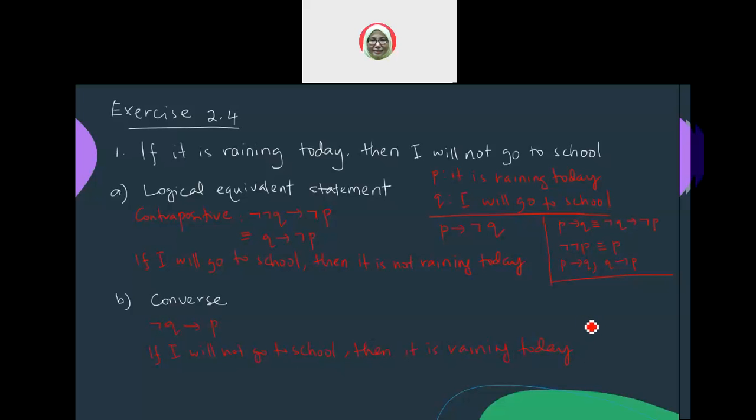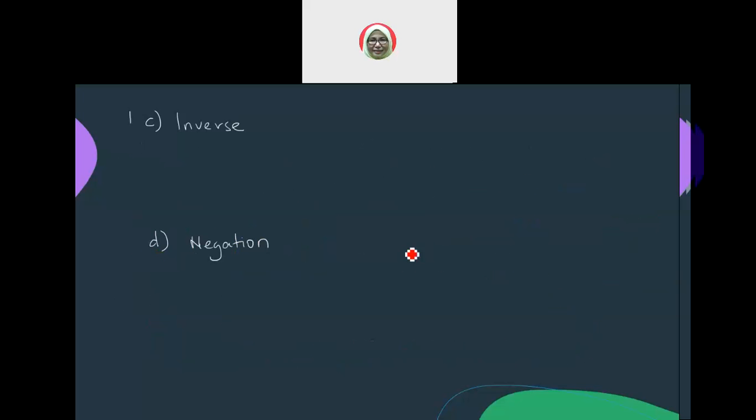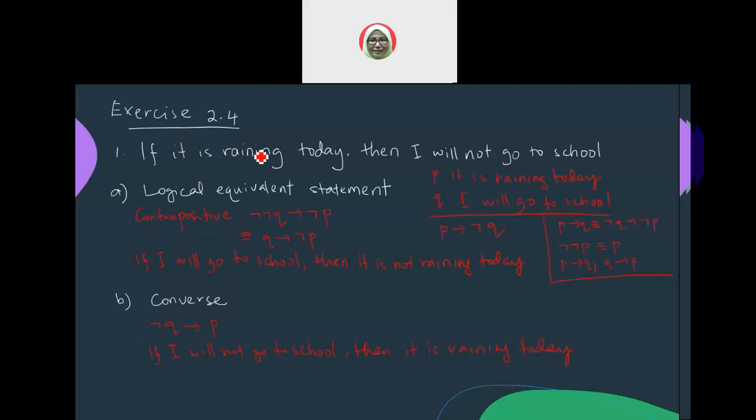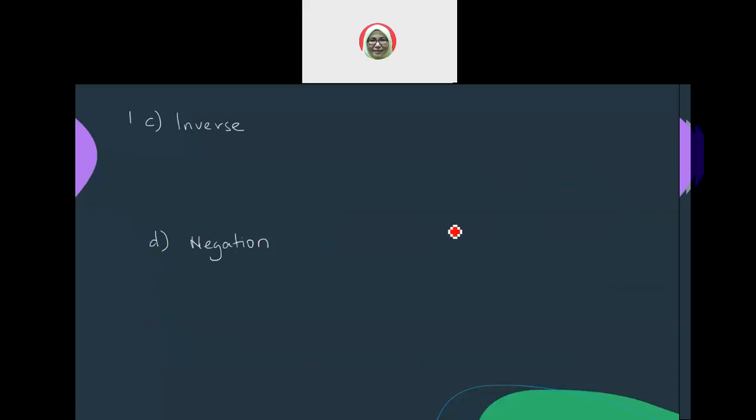Okay, done. So next question C, to get the inverse. So what is the inverse? Okay, let's look at the previous one. Inverse: not P implies not Q, right?